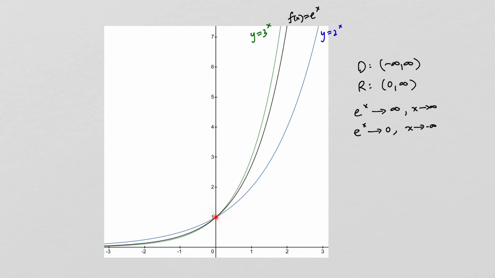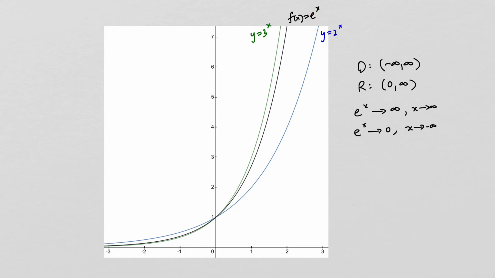You'll notice that it passes through the point (0, 1), and it gets larger and larger as you plug in larger values of x. 3 to the x behaves in exactly the same way. That's the green graph here. And that graph is coming up like this, also passes through the point (0, 1), and also gets larger and larger as x gets larger.